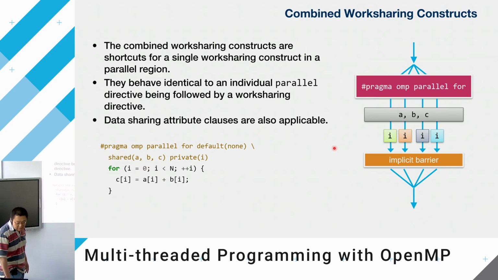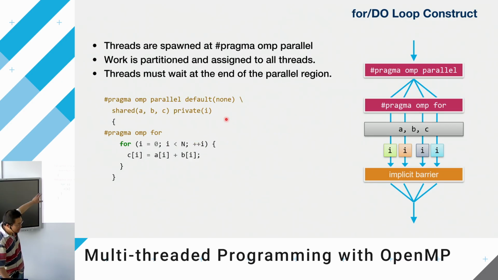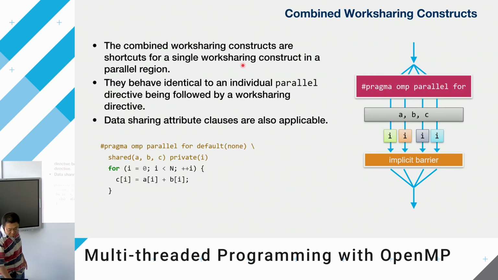And for the work sharing, as you can see, the traditional form is relatively long, and then OpenMP has this combined form, which means you can combine the spawning of the threads and work sharing together, so that you needn't write very lengthy OpenMP directives.